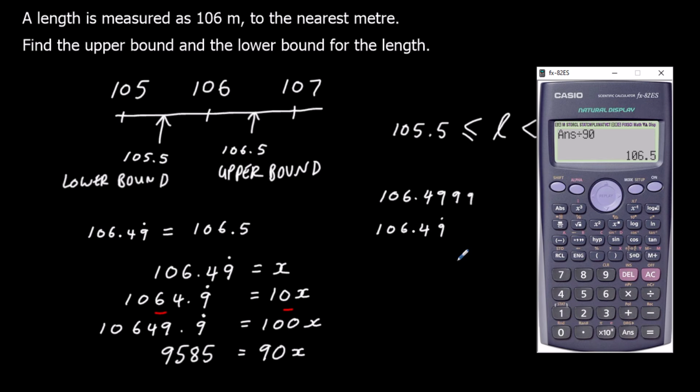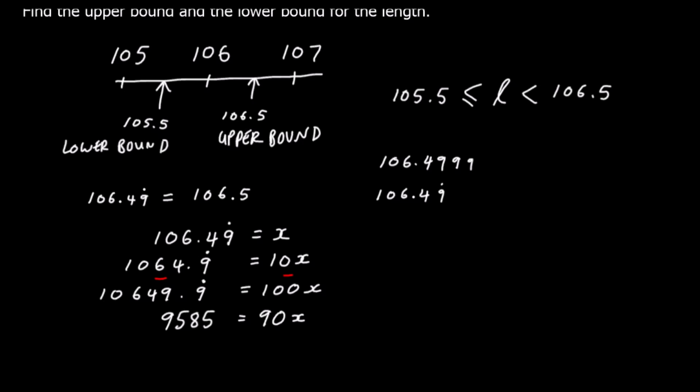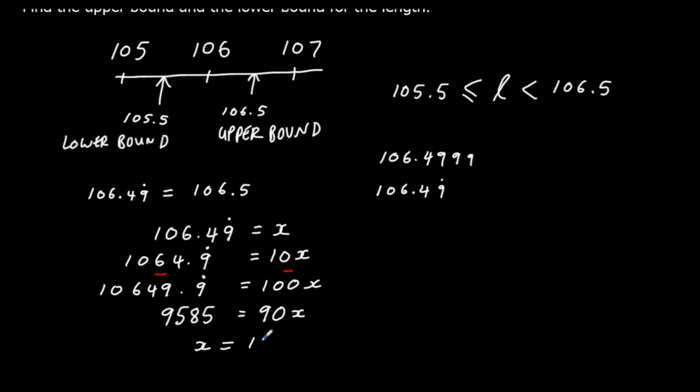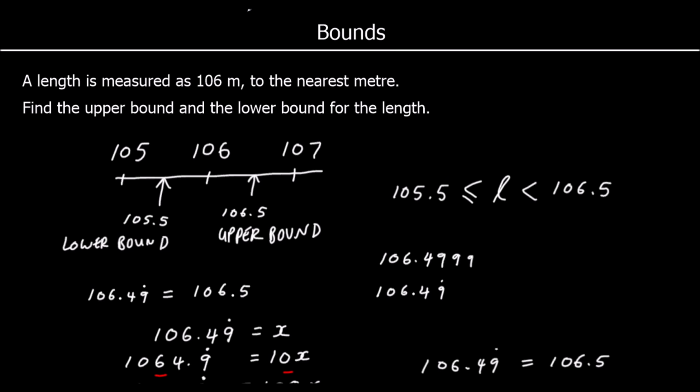And you'll see that we've got 106.5. So x is equal to 106.5. So 106.49 recurring is actually 106.5. So back to the point, we're going to call 106.5 our upper bound and 105.5 our lower bound.